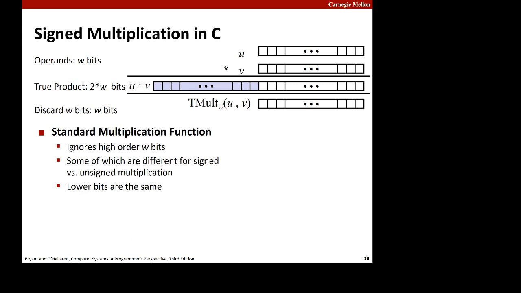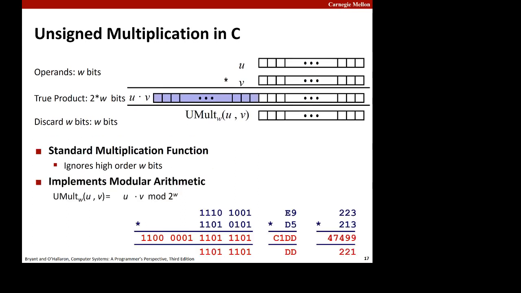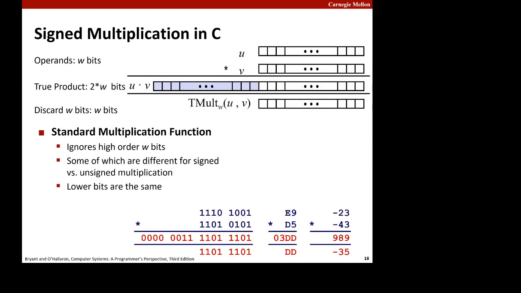And if I go back and look at the same bit pattern being multiplied as an unsigned number, you'll see a different bit pattern for these upper 8 bits. On the other hand, if you look at the lower 8 bits, 1101 and 1101, you'll see that's the same for both the signed and the unsigned case, 1101, 1101.